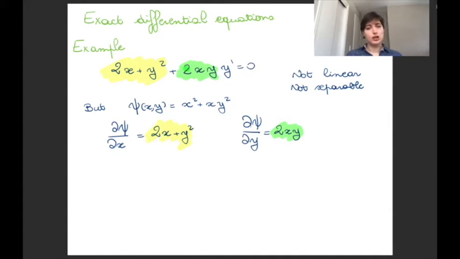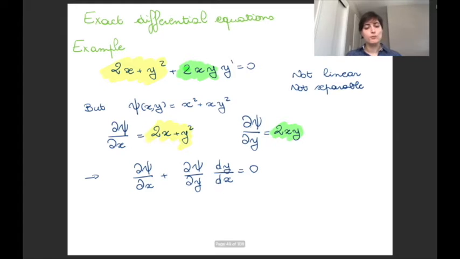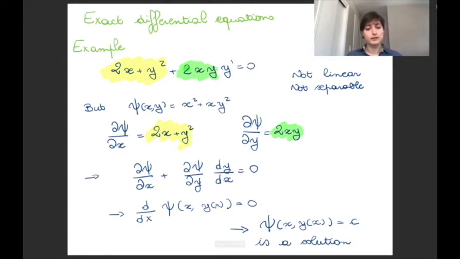Then let's just replace inside our ODE these two derivatives of psi that we just built. We have d psi over dx plus d psi over dy times dy over dx equals 0. That means that the full derivative with respect to x of psi computed at x and y(x) is equal to 0.